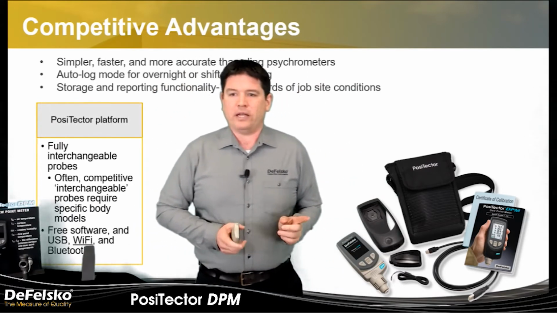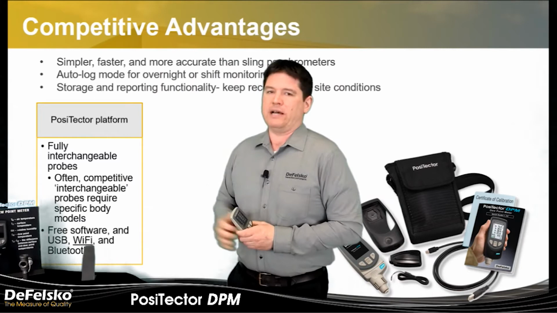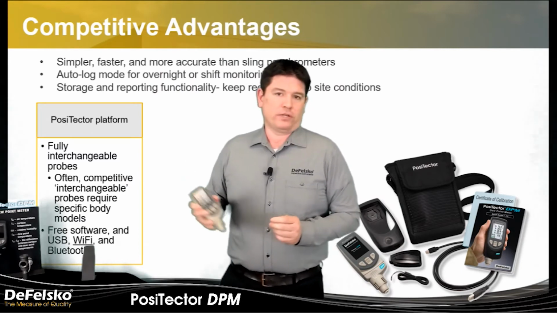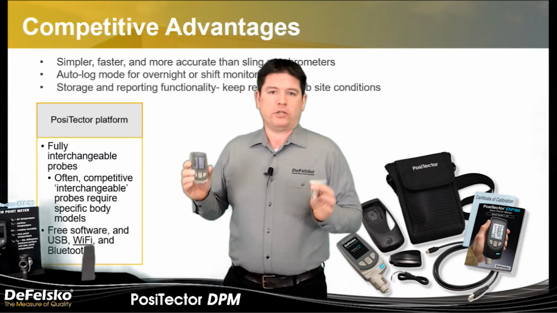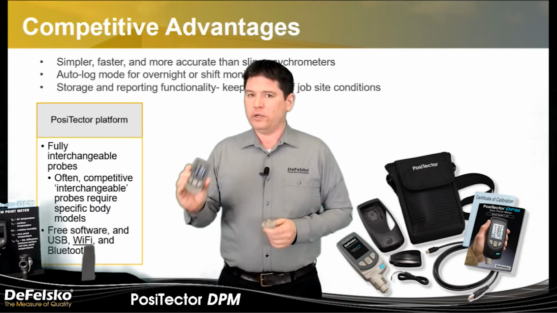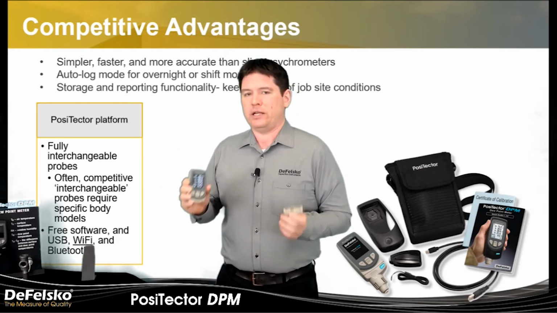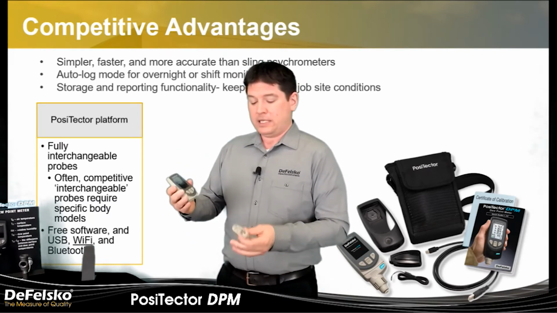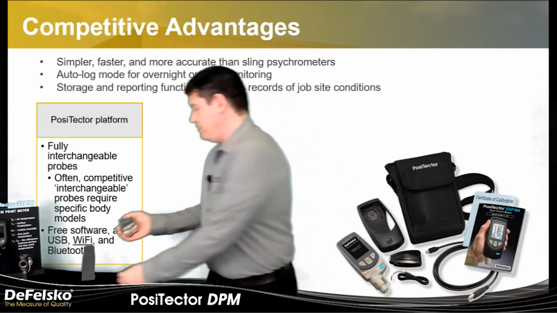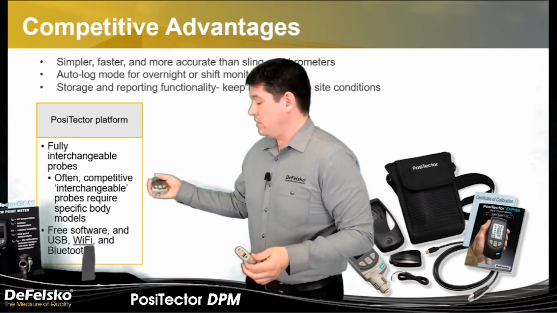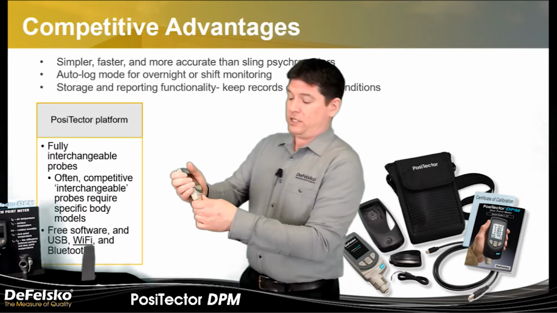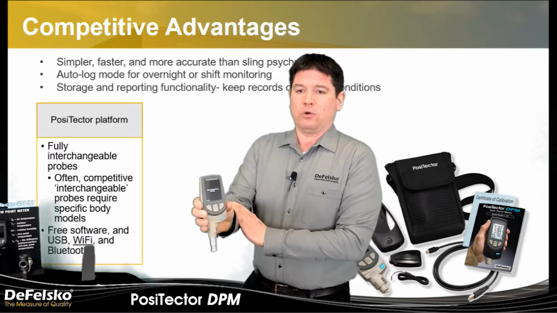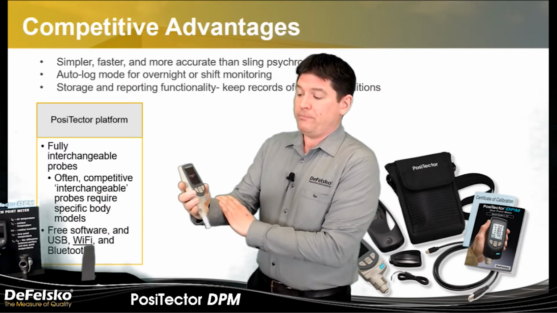The primary advantage is going to be the PosiTector platform. This can't be overstated. The ability to switch interchangeable probes on a single gauge body is a huge advantage of the PosiTector platform. I can take the DPM probe off. All I have here is other PosiTector DPM probes, so I'll just put a different one on and you can see the gauge will automatically recognize the new probe.